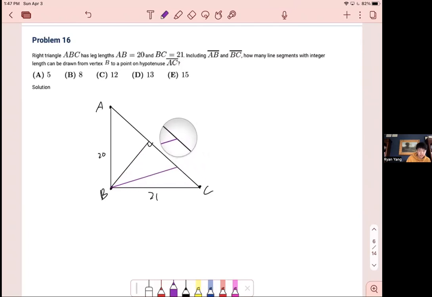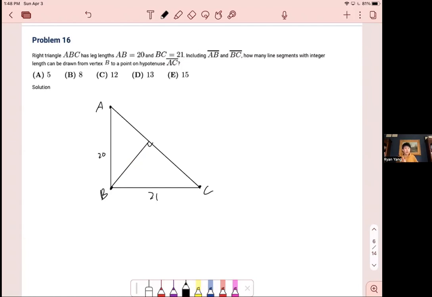The reason why is this: when you drop the perpendicular, the reason this is the shortest is that the purple line is longer than the red line, since the hypotenuse is always the longest side of a right triangle. All right, so we're trying to find integer lengths.